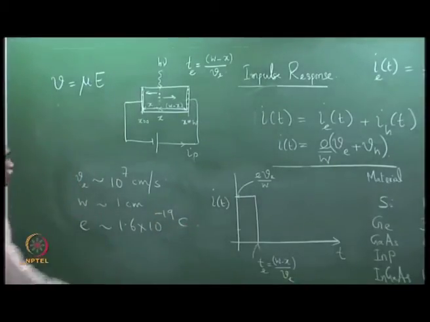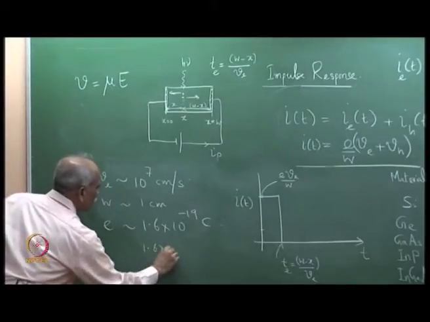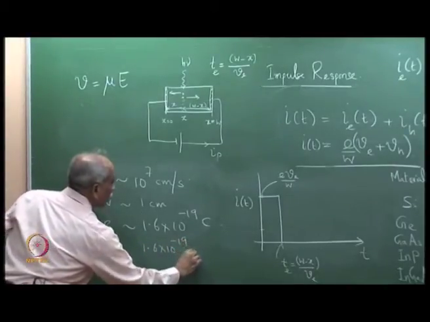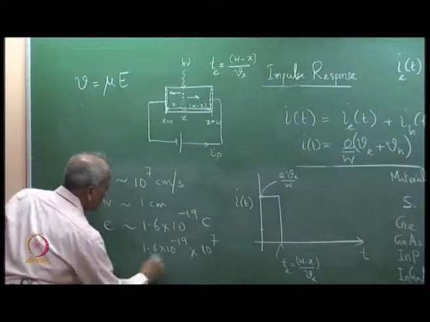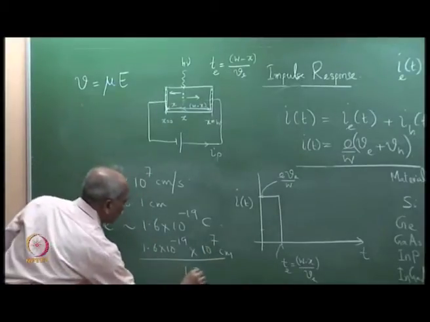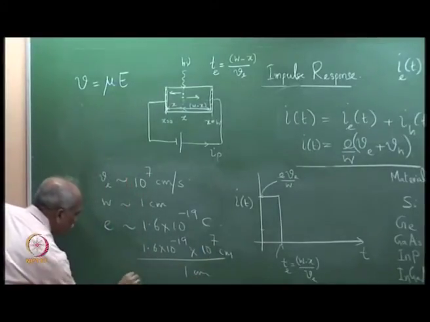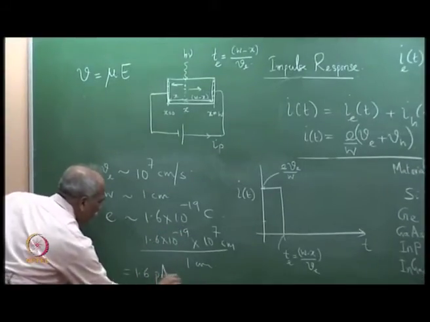Therefore, the current I is e, 1.6 into 10 to the power minus 19, multiplied by V_e 10 to the power of 7. So, this is coulombs, this is centimeter per second, and in the denominator 1 centimeter. So, this is equal to 1.6 into 10 to the power minus 12, that is picoampere.